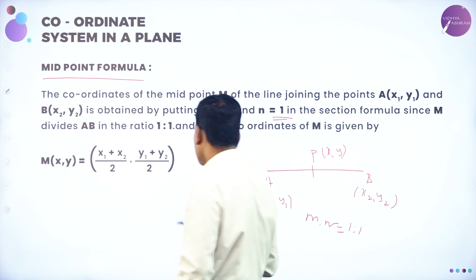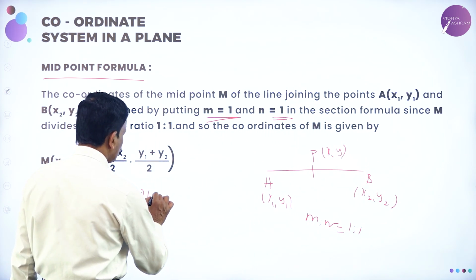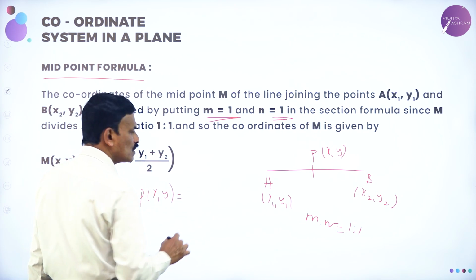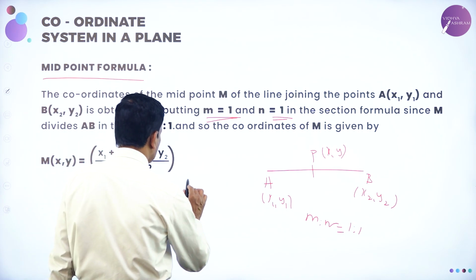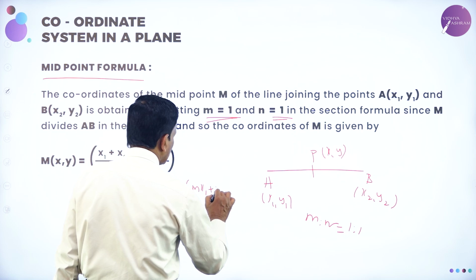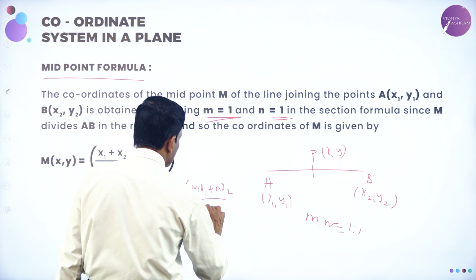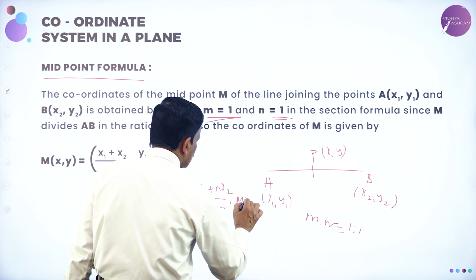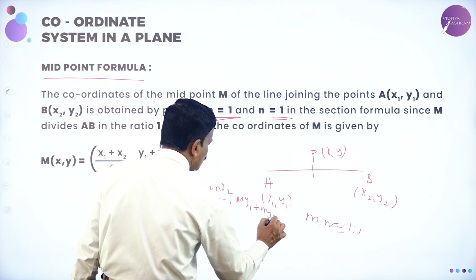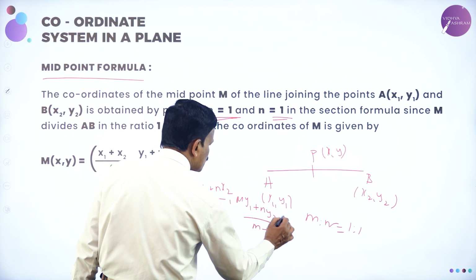So suppose you use the formula for internal division, P(x, y) = ((mx1 + nx2)/(m + n), (my1 + ny2)/(m + n)).